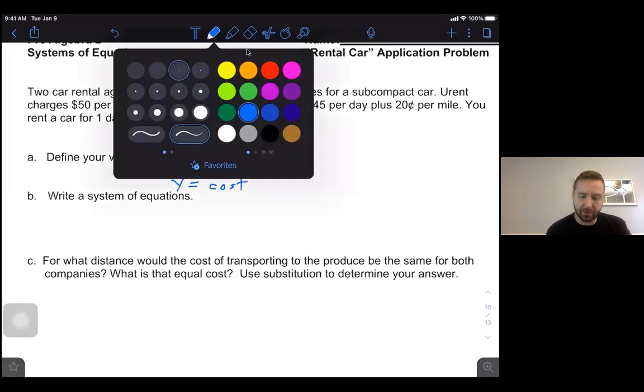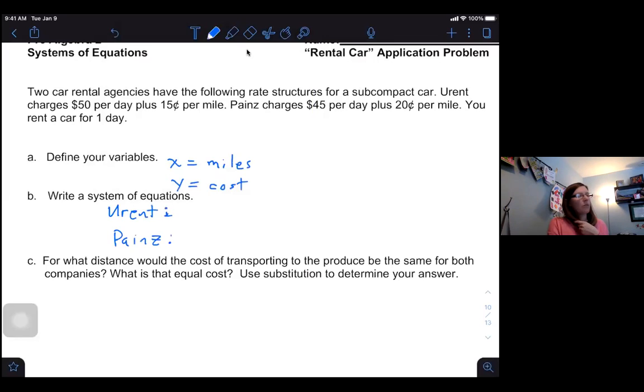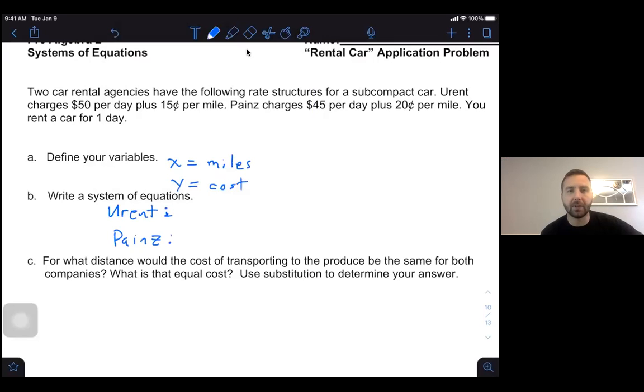So now we're going to do our 2 equations. Our first one we're going to look at is Urant, and then we're also going to have our Paynes. So for Urant, we're going to start off Y, our cost, is going to equal what?